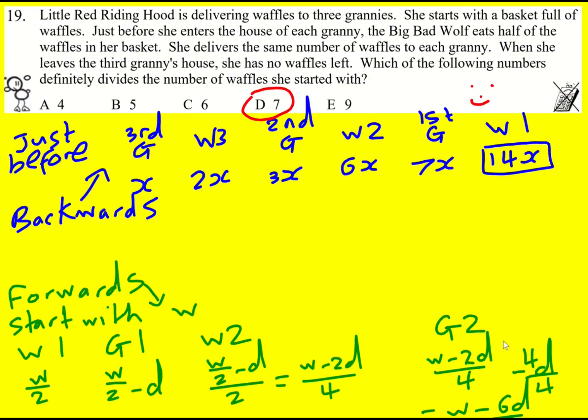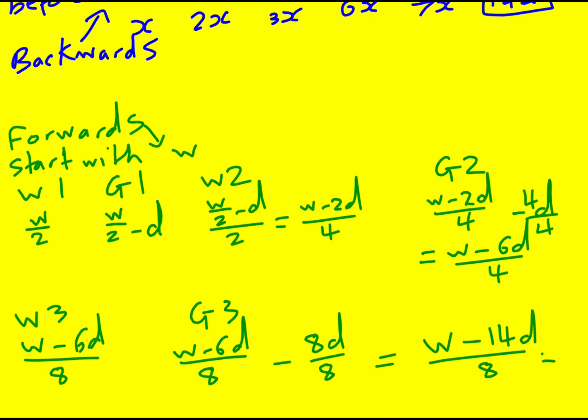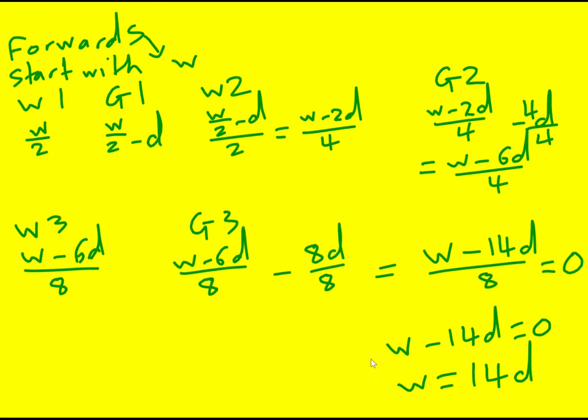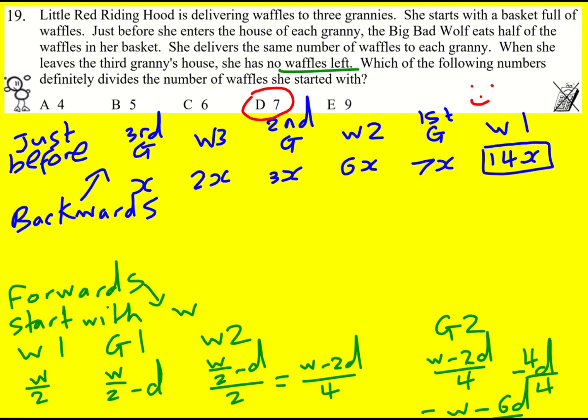Now note, at the end she has no waffles left, so this is necessarily equal to 0. And therefore, it doesn't matter that I'm dividing by 8, it must be that W minus 14D is equal to 0, and hence W, the total number of waffles she'd had at the start, is equal to 14D. The D is the amount she gives to each granny. So again, multiple of 14, multiple of 7.